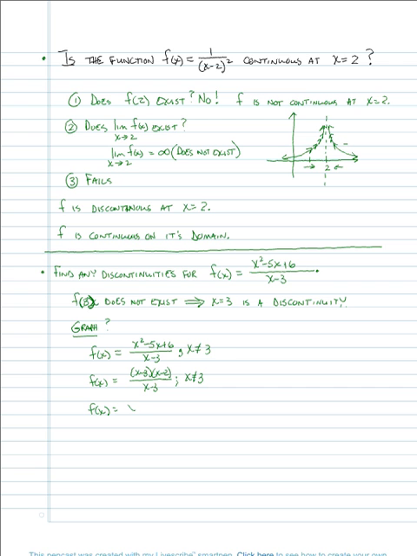So this simplifies simply to x minus 2, as long as we remember that x could not be equal to 3 in the very beginning. Now, when we look at that, we see that if we were to graph that, it's just going to be an ordinary line, except it's an ordinary line where we can't use 3 for an x value. So it's an ordinary line with a hole in it. We've seen this idea before.